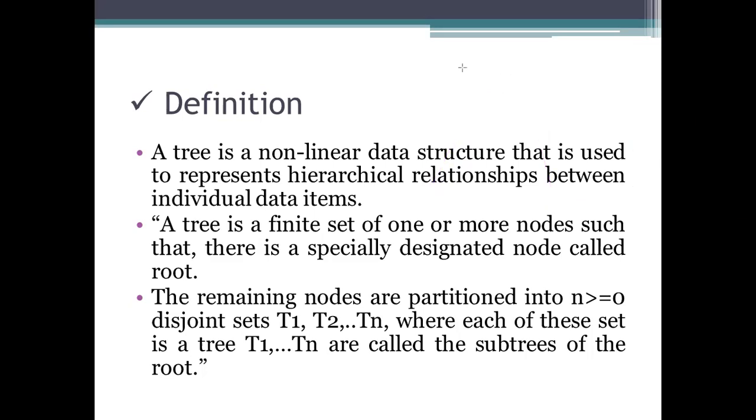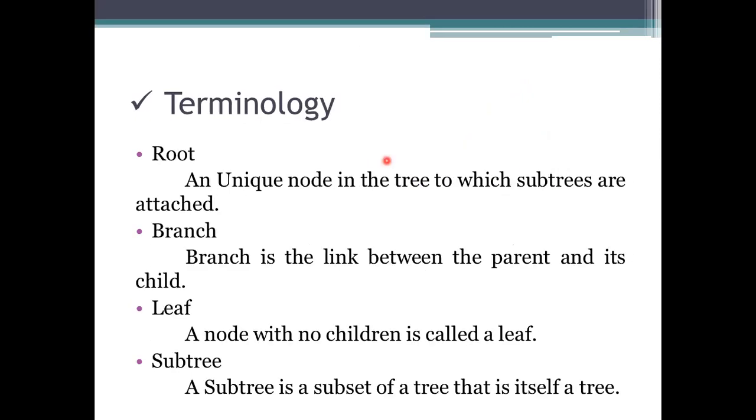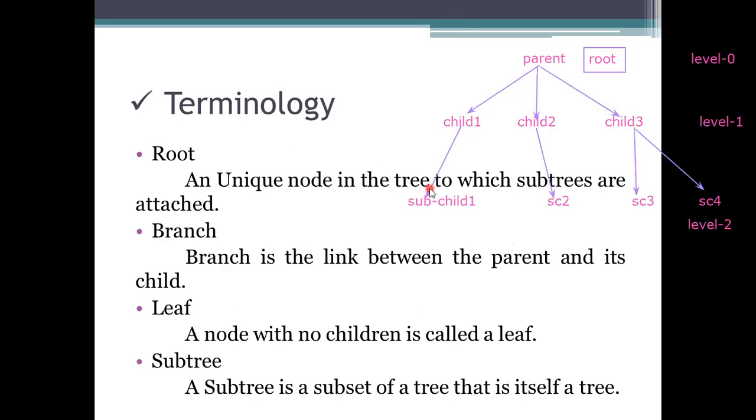If we go to the next slide, there we have the terminology used while representing a tree. Here we use a root.